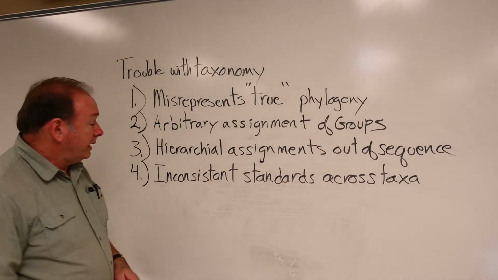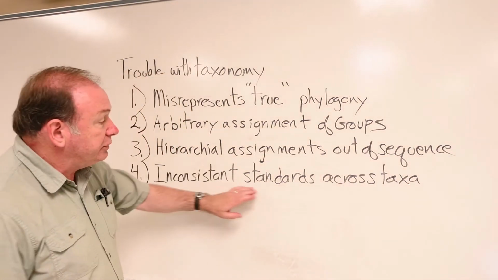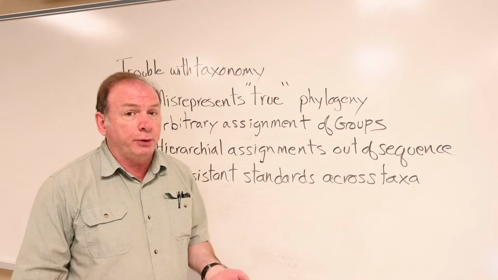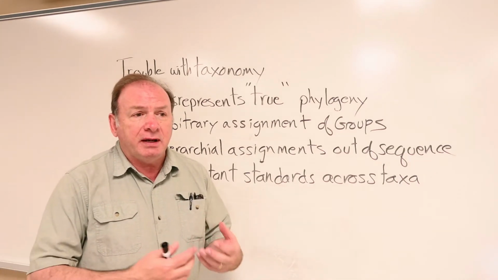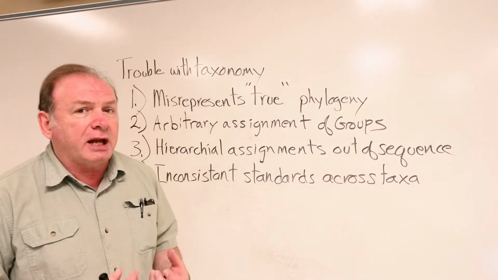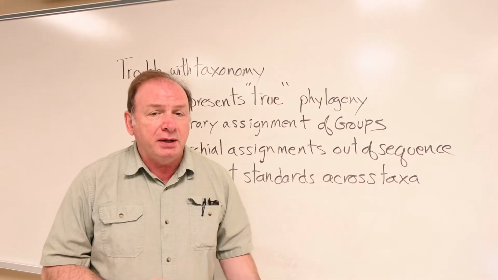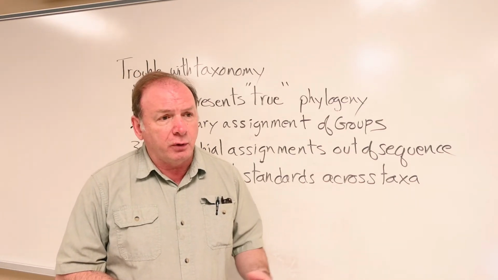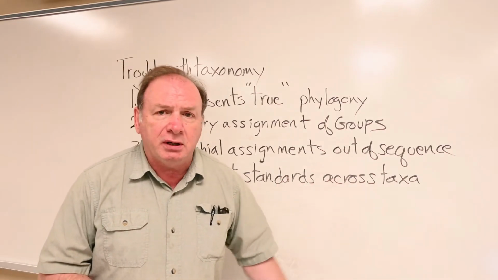Okay, number 4, inconsistent standards across taxa. Inconsistent standards for how we're going to group things. In vertebrate organisms, things that have a skeleton, we usually look to skeletal features of the taxa to help us identify those important traits for grouping classes, orders, families, genera, and so forth.